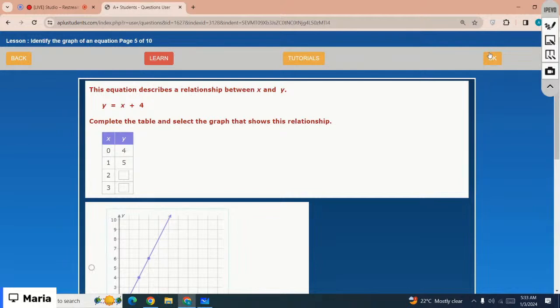This equation is y equals x plus 4. Complete the table and select the graph that shows the relationship. So, which is the correct option?